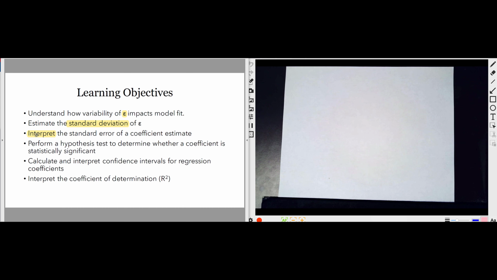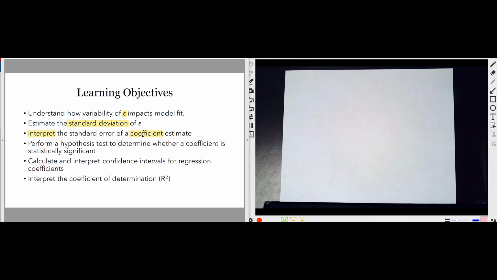We're going to interpret what the standard deviation of each coefficient means, the beta naught, beta 1, and also the sigma sub epsilon, the standard deviation of the errors. We're going to take a look at how to do hypothesis testing, interpreting confidence intervals for the regression coefficients, and also learn how to interpret the so-called R squared, the coefficient of determination of the model.